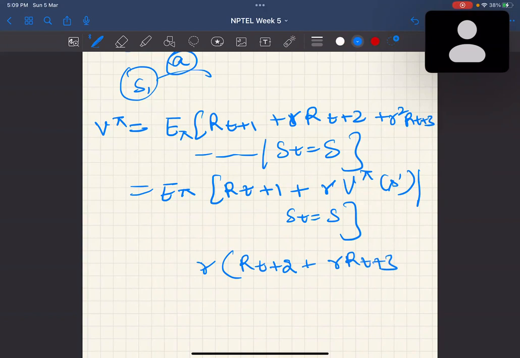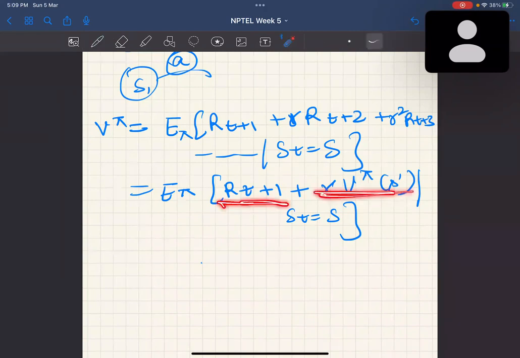And again, I have written it as V pi of S dash. S dash means that now I'm going from S to S dash, the state I go to from S. So I have just written RT plus 1 plus gamma V pi of S dash for these terms.